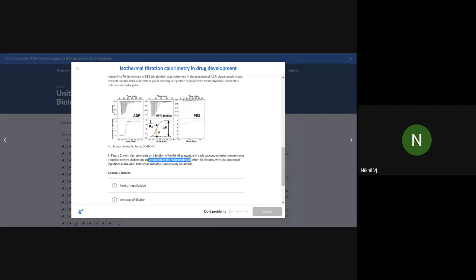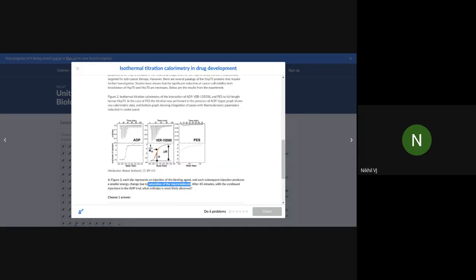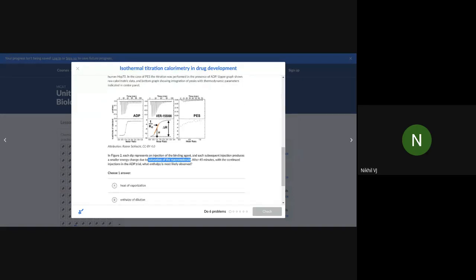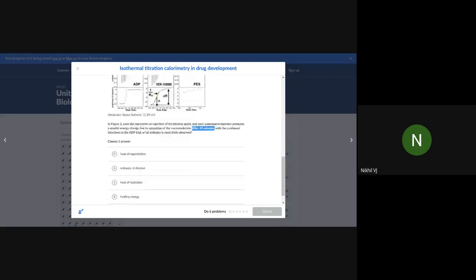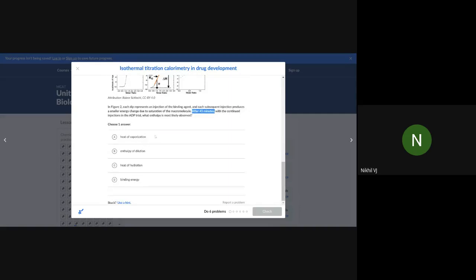And over time, this ADP saturates the HSP70 protein we're looking at, and that's super important. They're also asking us to look at after 45 minutes, which is a specific part of the graph where we see a very high level of affinity and binding, and a very minimal level of energy change. So we need to understand what each of these answers actually means.